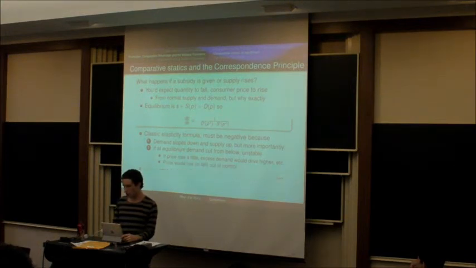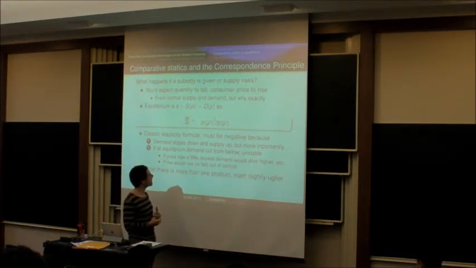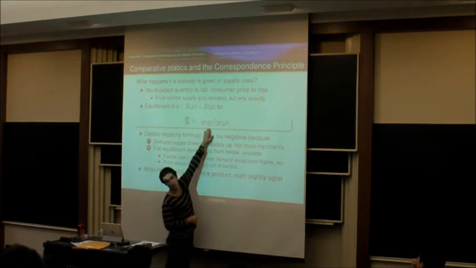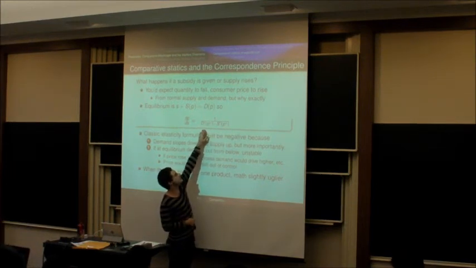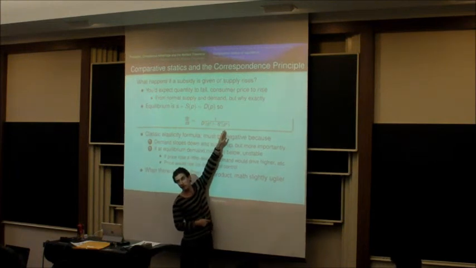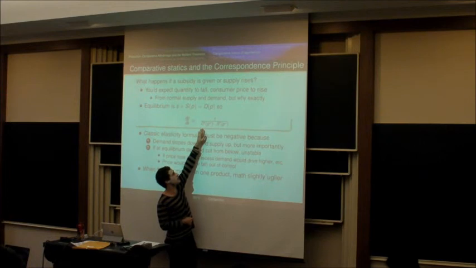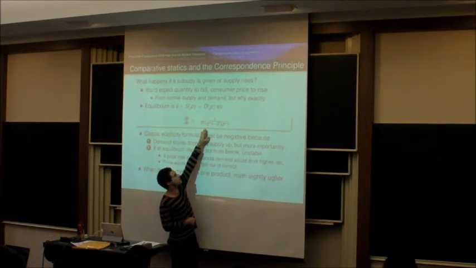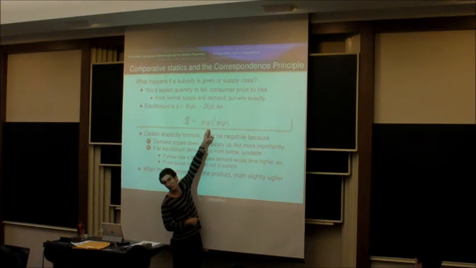So what that indicates is that it's not actually crucial that demand literally slopes downward and supply literally slopes upward. The key thing is that demand doesn't slope upward more quickly than supply slopes upward, or that supply doesn't slope downward more quickly than demand slopes downward.